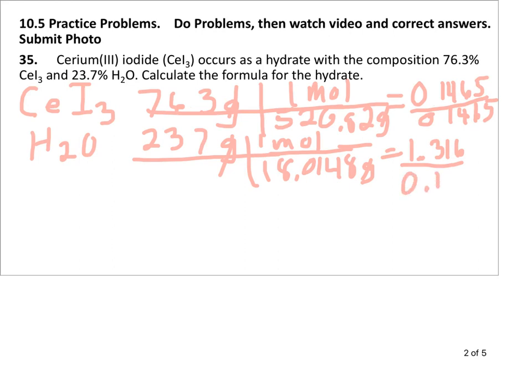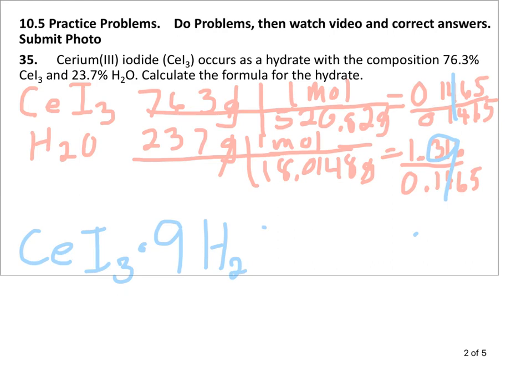Then 0.1465. And then when we divide those, we get 1 and 9. So that means then we got 1 mole of the cerium iodide for every 9 moles of water. And then we just write out the formula is CeI3 dot 9 H2O.